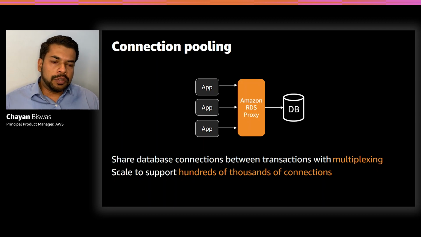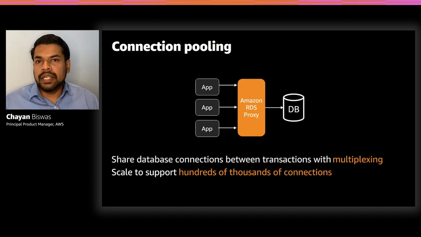Between these operations, whenever there are gaps between transactions, what RDS Proxy can smartly do is detect this gap and use the database connection to service another application connection. And that way, it increases the scalability of your application and induces better efficiency in the database.